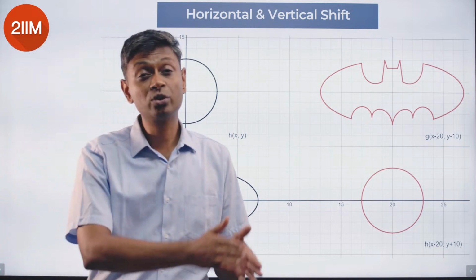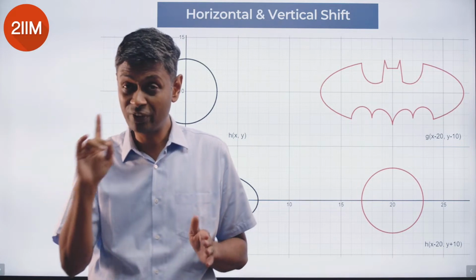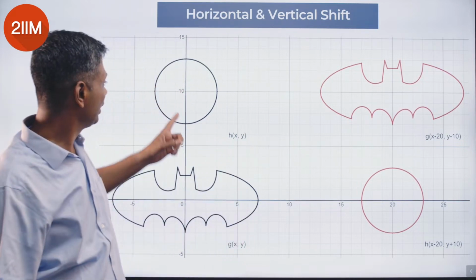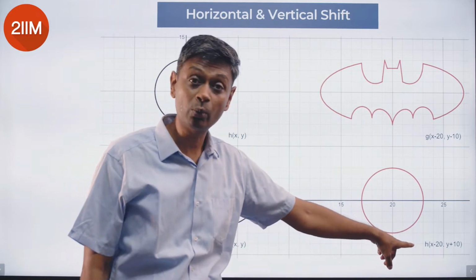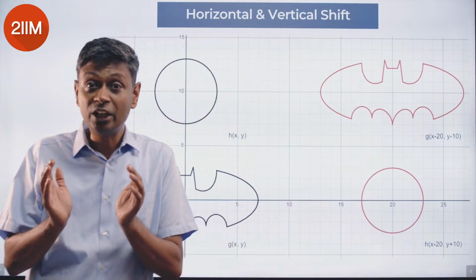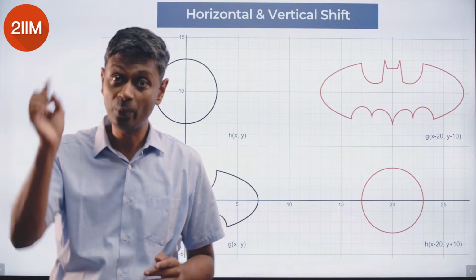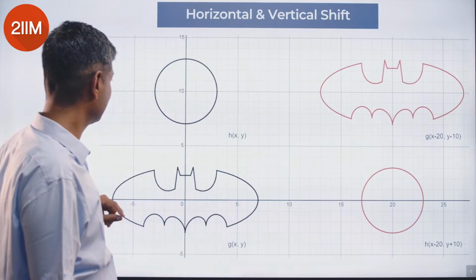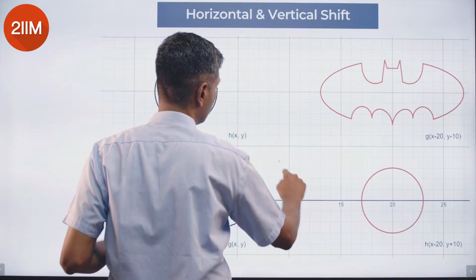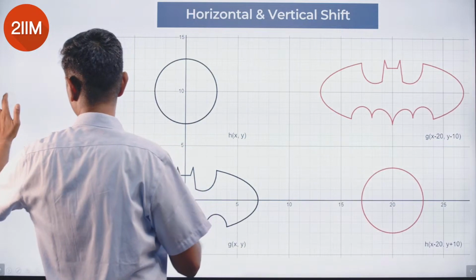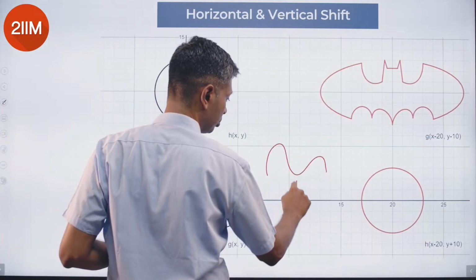Negative sign in the x shifts to the right, negative sign in the y shifts up. And a very important, very subtle difference. If this is h of x comma y, this is h of x minus 20 comma y plus 10. I'm writing the whole thing as a function of x and y. However, suppose I say this is p of x.